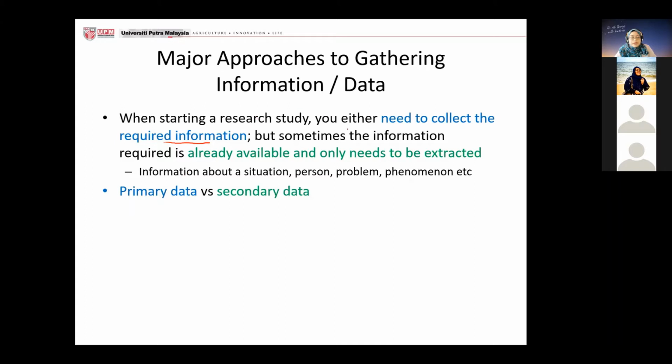So if it's something that is not out there, no one has ever studied the things that you want to study, and you need to collect it yourself, that is primary data. But if it's already available and only needs to be extracted, it is secondary data.